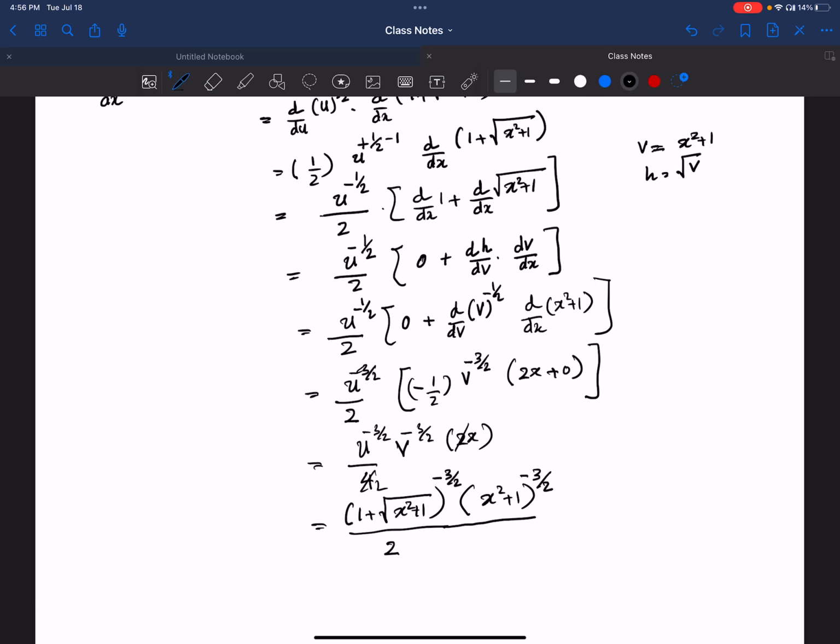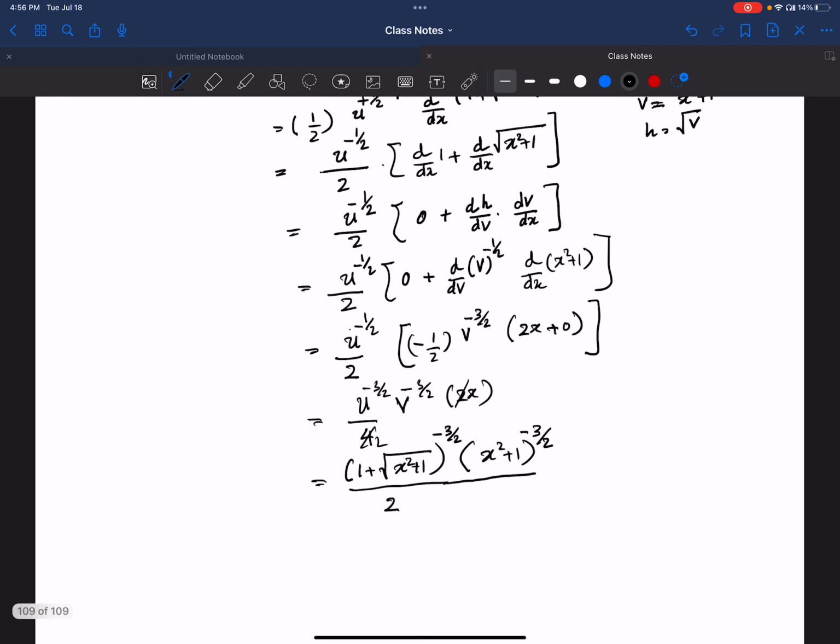And it's going to be negative half. And this is also positive half. And this is positive 2. And that's a negative half.